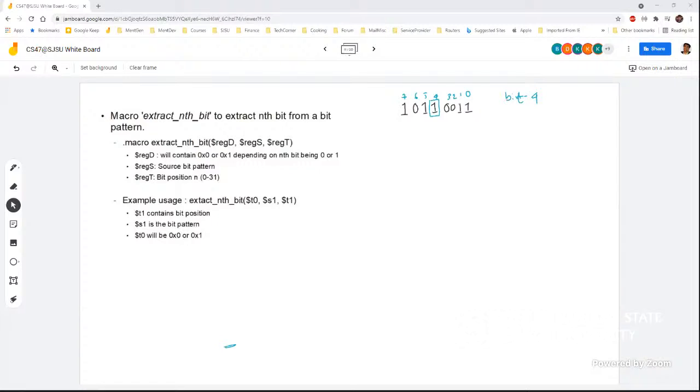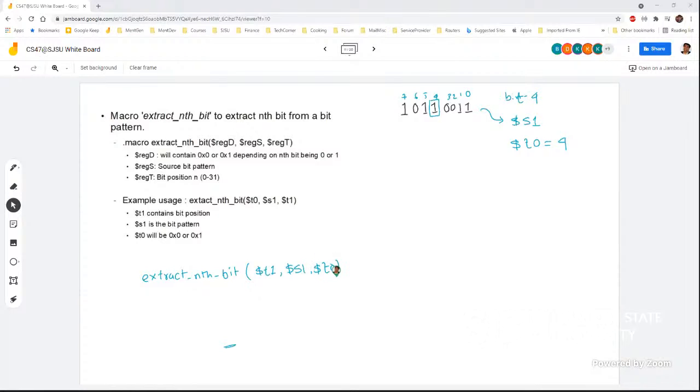Let's say I have this pattern in your $S1, and let's say $T0 has this 4, and then we use this macro like this: extract nth bit with $T1, $S1, $T0.